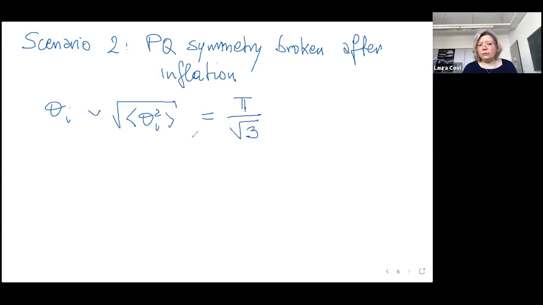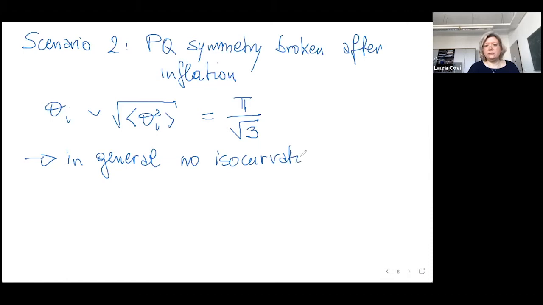So it's not an additional degree of freedom during inflation. So let's say in general, no isocurvature. Of course, you could have other things in inflation, but at least not the axion.